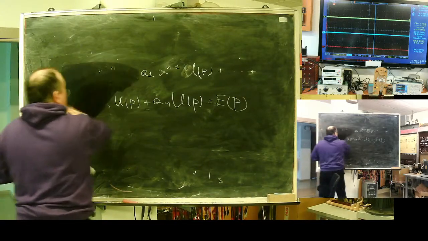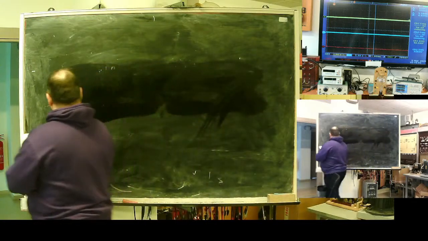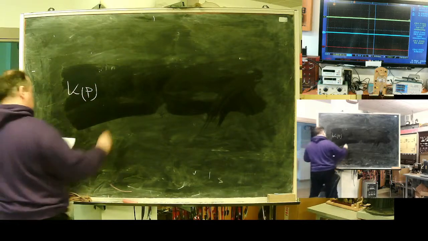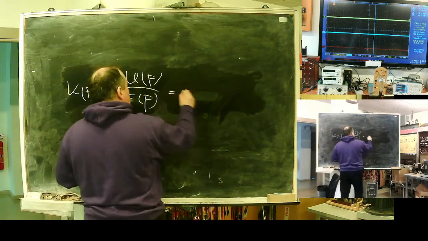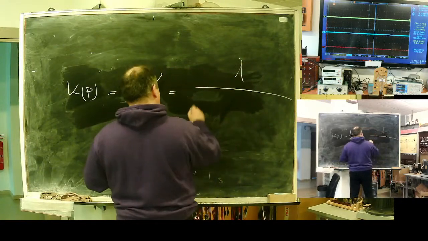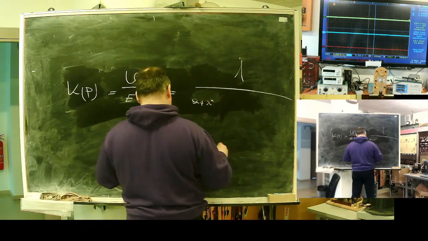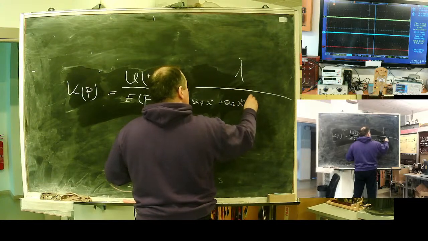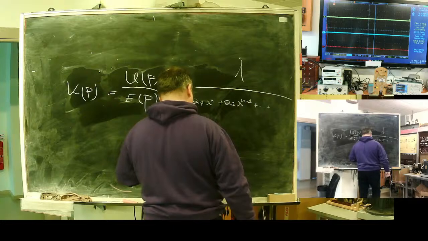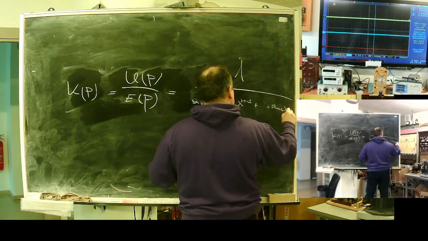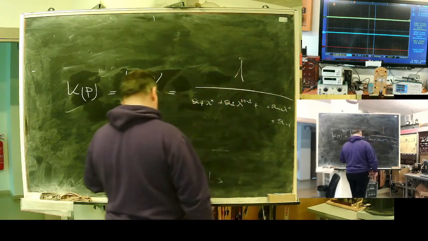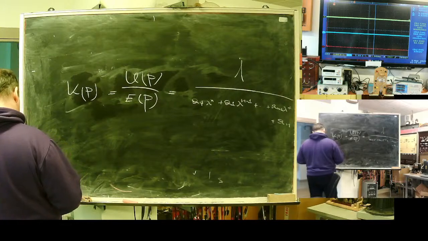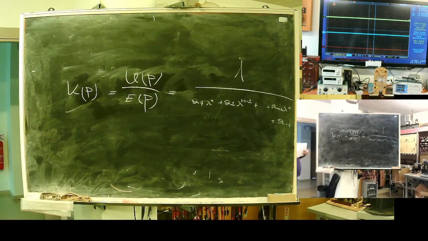From this, I can write a transfer function. The transfer in the space of the Laplace transform is output divided by input, and here I will have 1 divided by a0 lambda^n + a1 lambda^(n-1) + ... + a_n. The roots of the characteristic equation correspond.